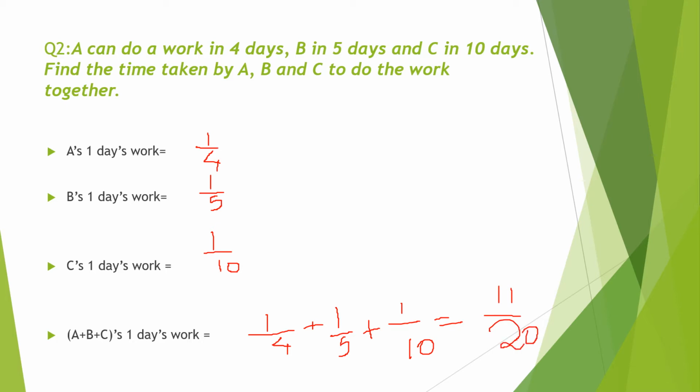So what is the total time for A plus B plus C? That is the reciprocal of this value, so that is 20 by 11. A, B and C together complete the work in 20 by 11 days.